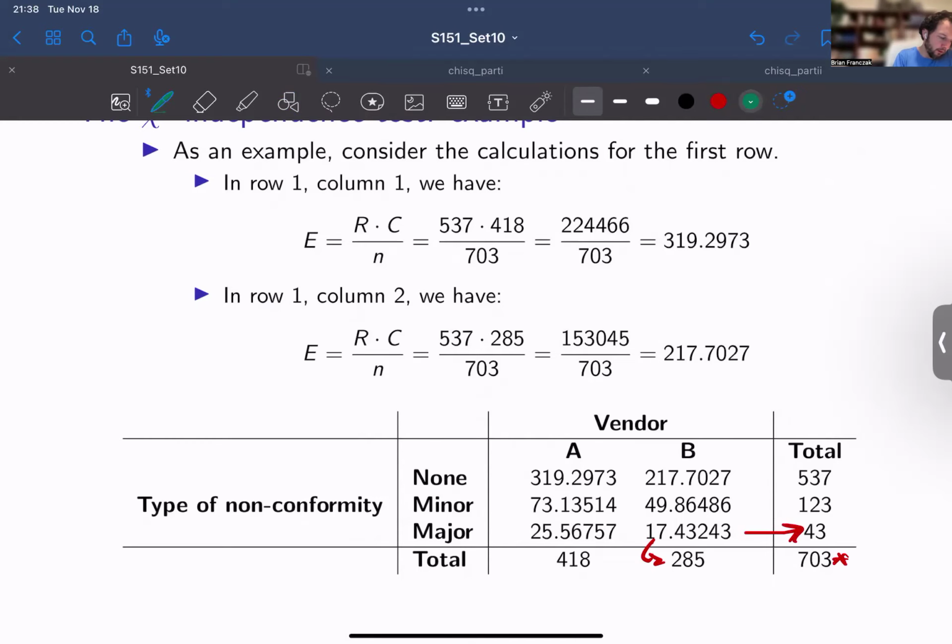If we were going to do this calculation, we would then just use this row total, this column total, and then again, everything gets divided by the sample size. So it's that same pattern throughout the calculations of the expected values. You're just basically comparing every row and column total that you can, and then dividing by the sample size, and that produces your expected values.